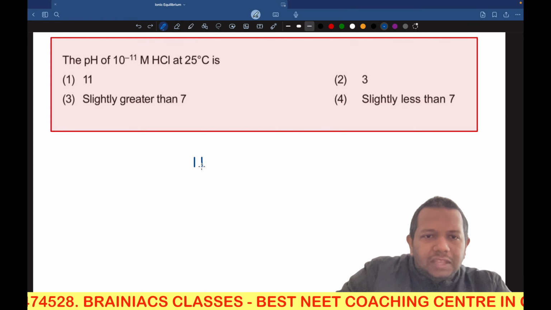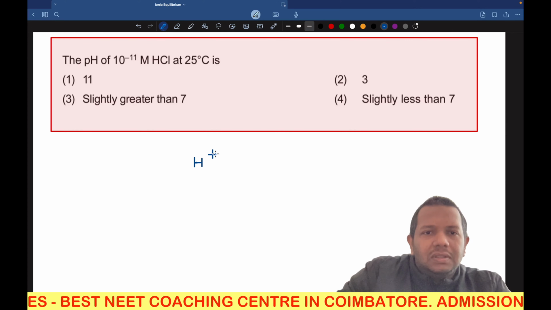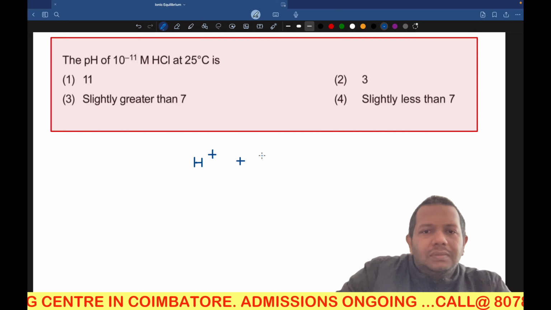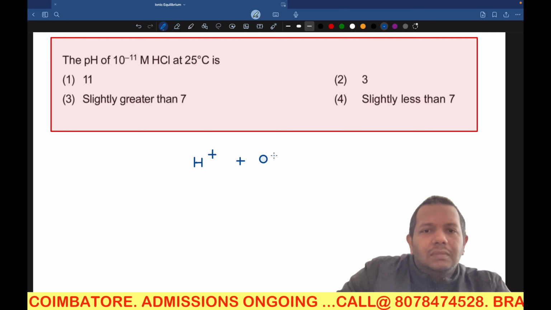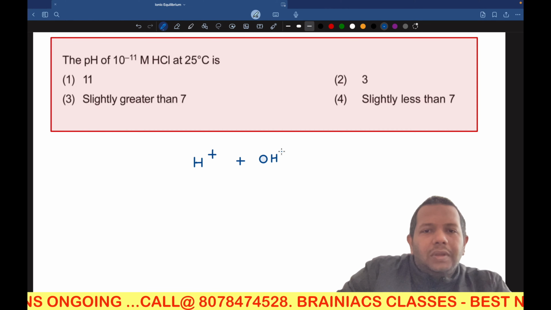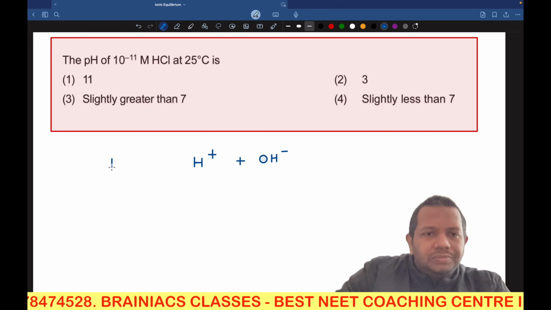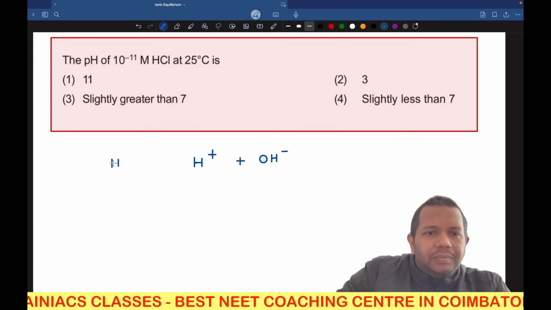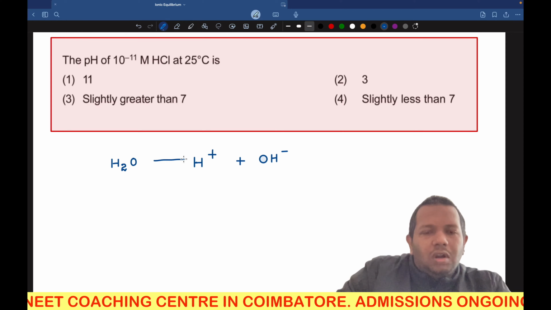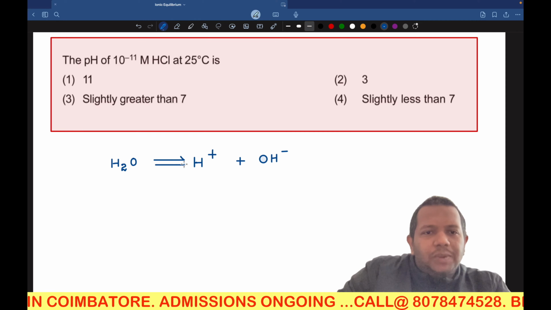So we'll split it like this: H2O gives H plus and OH minus.